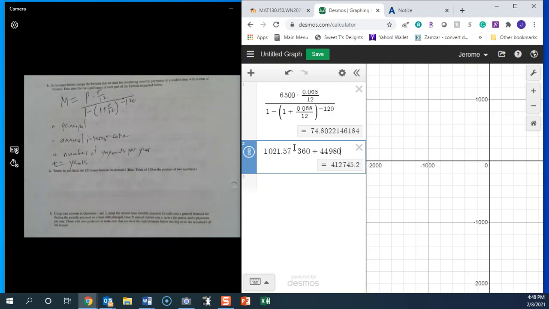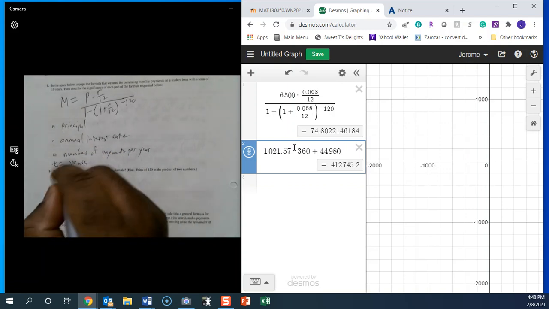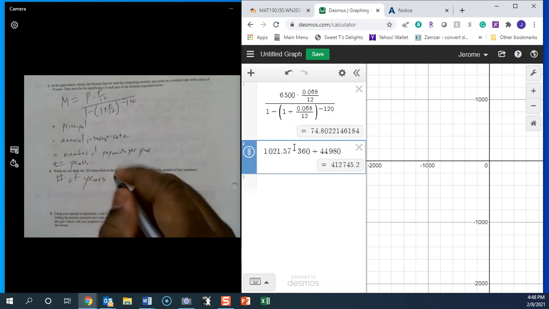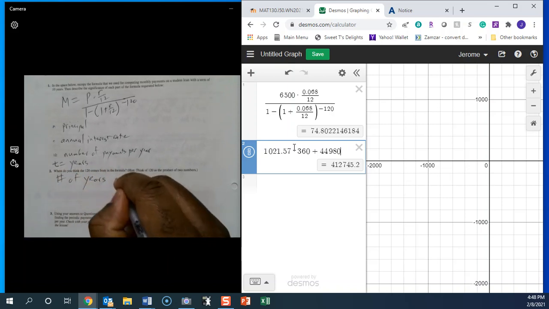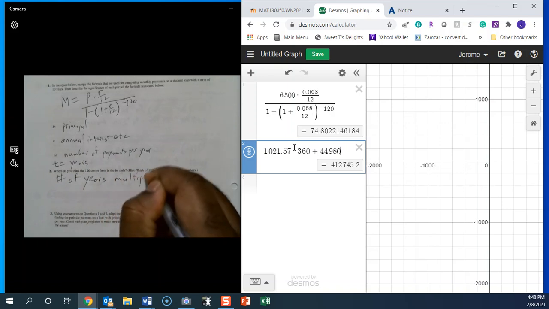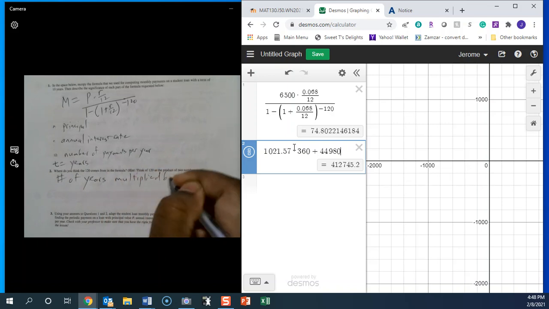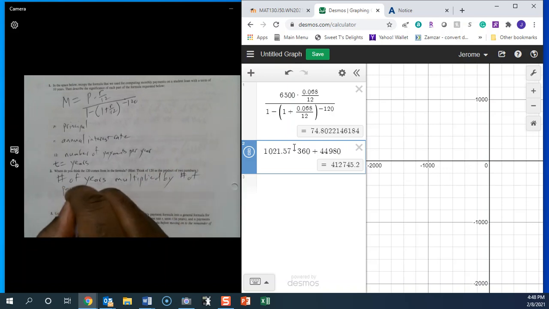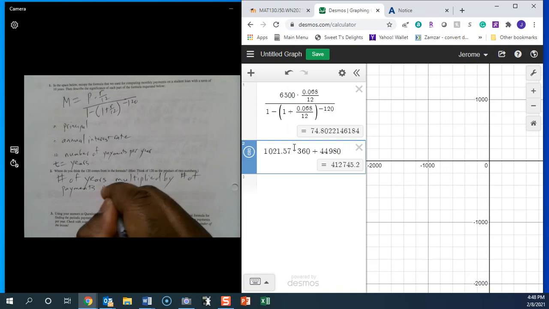We're going to add in another variable. So basically, this would be number of years multiplied by number of payments per year.